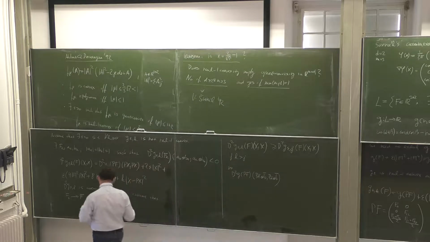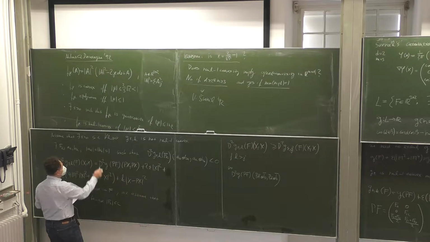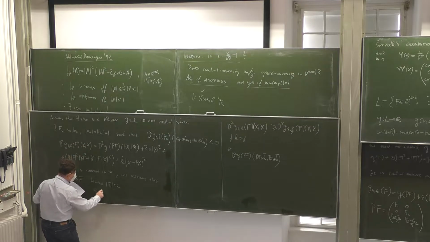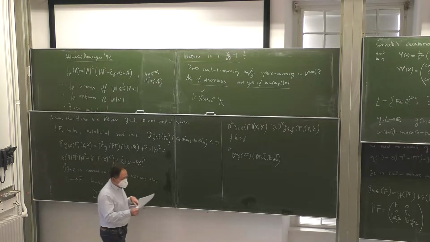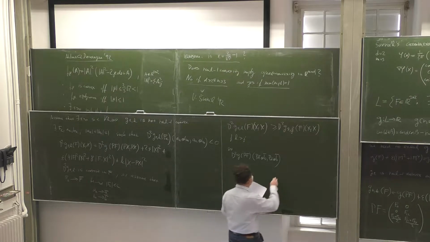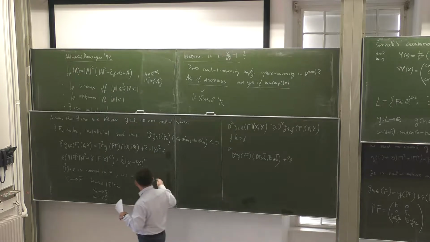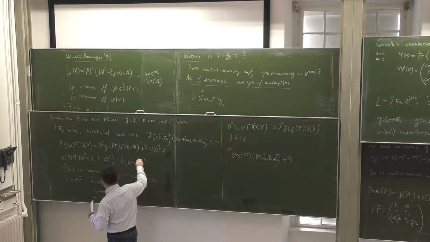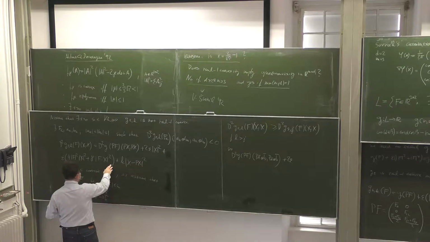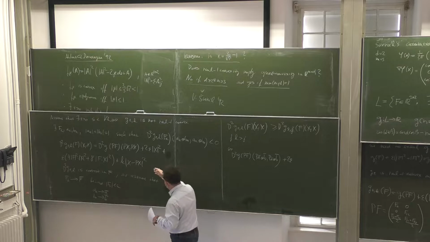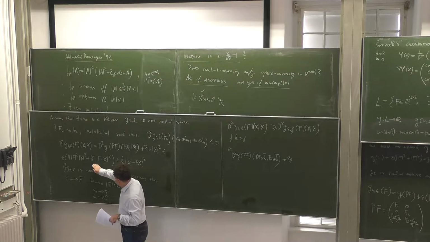Because we have this bound, we can also assume that A_k converges to A bar and B_k converges to B bar. So in the limit we have this plus 2 epsilon, because the norm is 1. I forget this term which is non-negative. If the whole thing is negative, then if I forget this term, it's also negative.